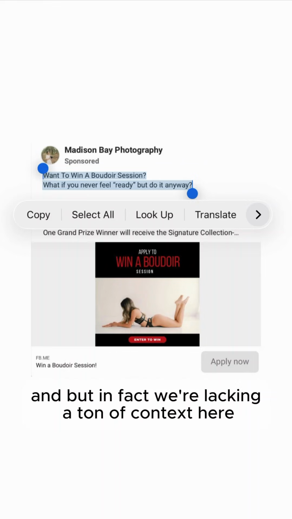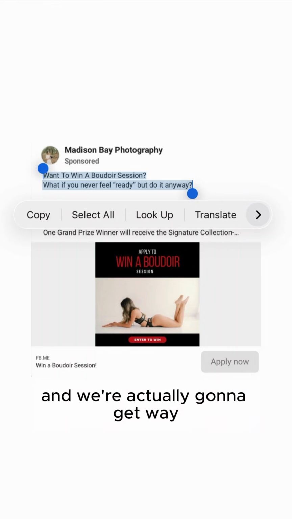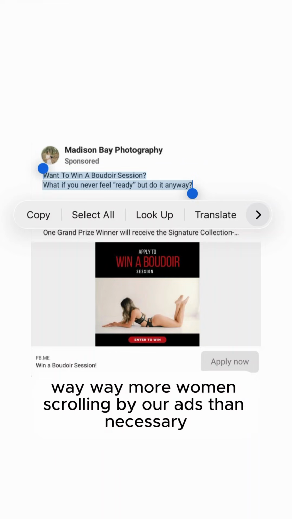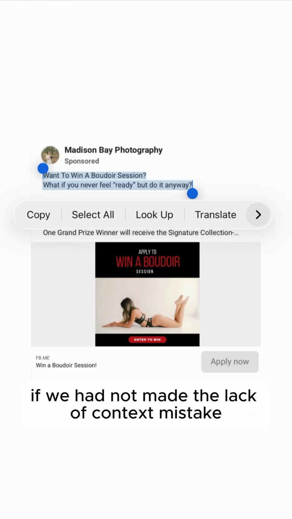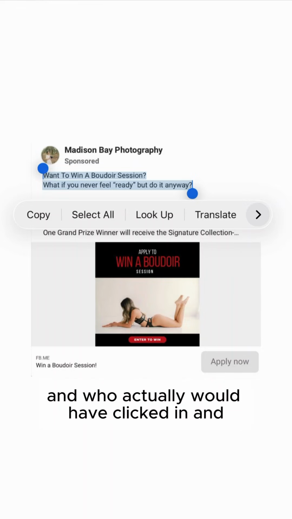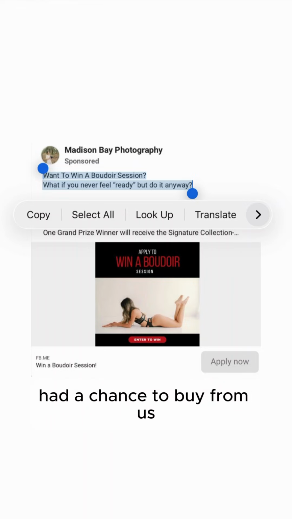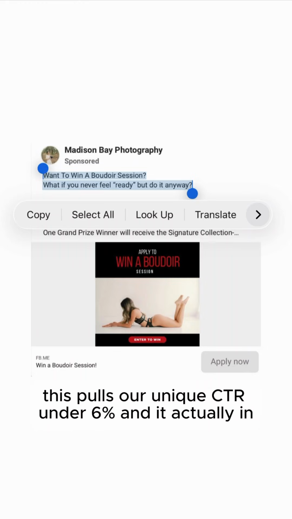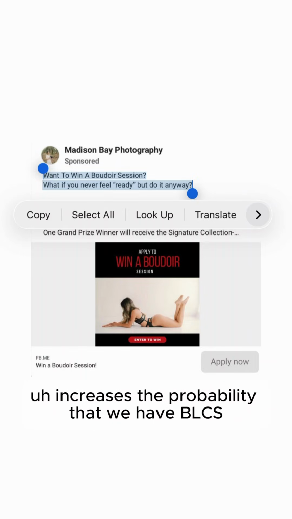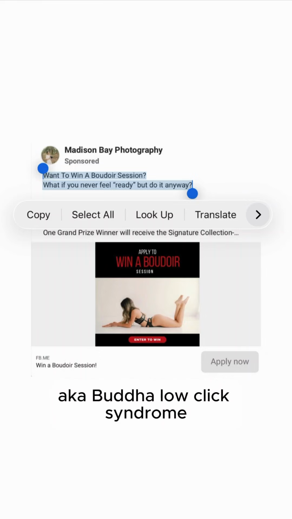But in fact, we're lacking a ton of context here, and we're actually going to get way more women scrolling by our ads than necessary who could have been perfect if we had not made the lack of context mistake, and who actually would have clicked in and had a chance to buy from us. And as a result, this pulls our unique CTR all under 6%, and it actually increases the probability that we have BLCS, aka Boudoir low click syndrome.